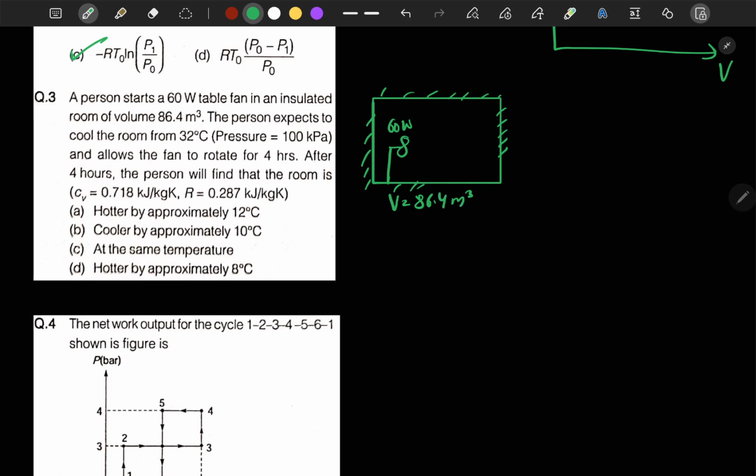The temperature of the room is 32 degrees Celsius, and the pressure is 100 kilopascal, which is near about atmospheric. The fan is allowed to rotate 4 hours, so the time of operation is equal to 4 hours.